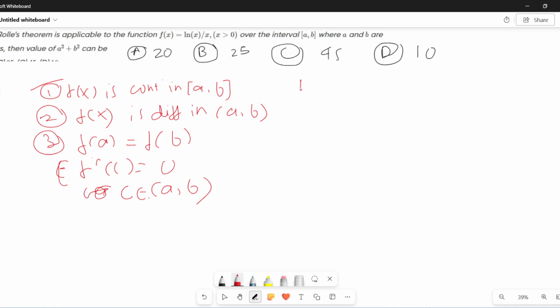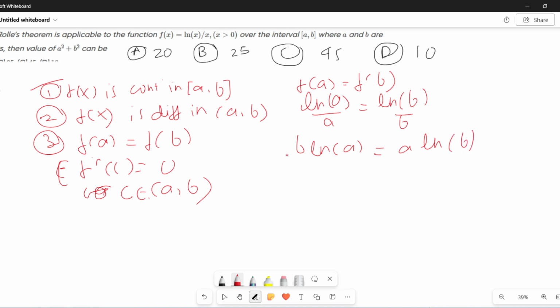So f(a) = f(b), that is ln a / a = ln b / b. Then we cross multiply: b ln a = a ln b, so ln a^b = ln b^a. So it will become a^b = b^a.